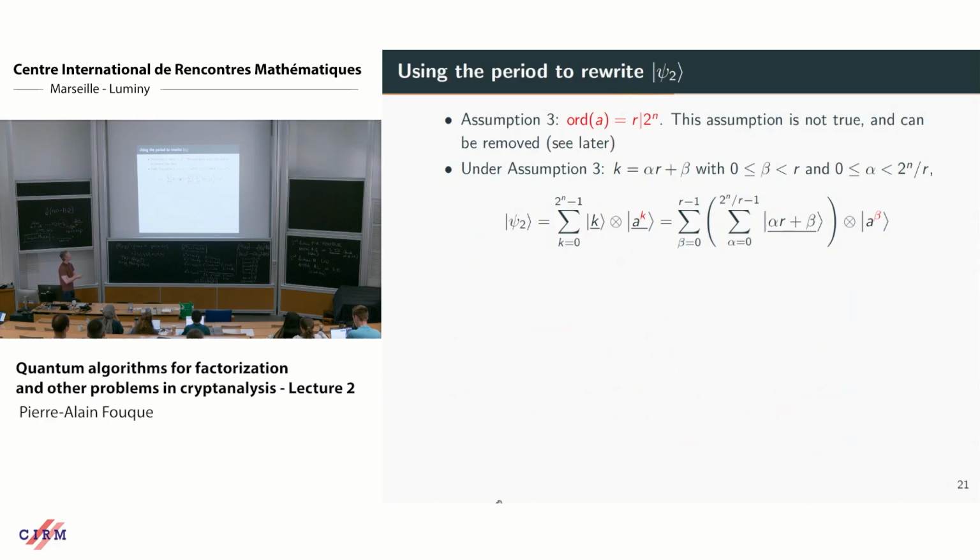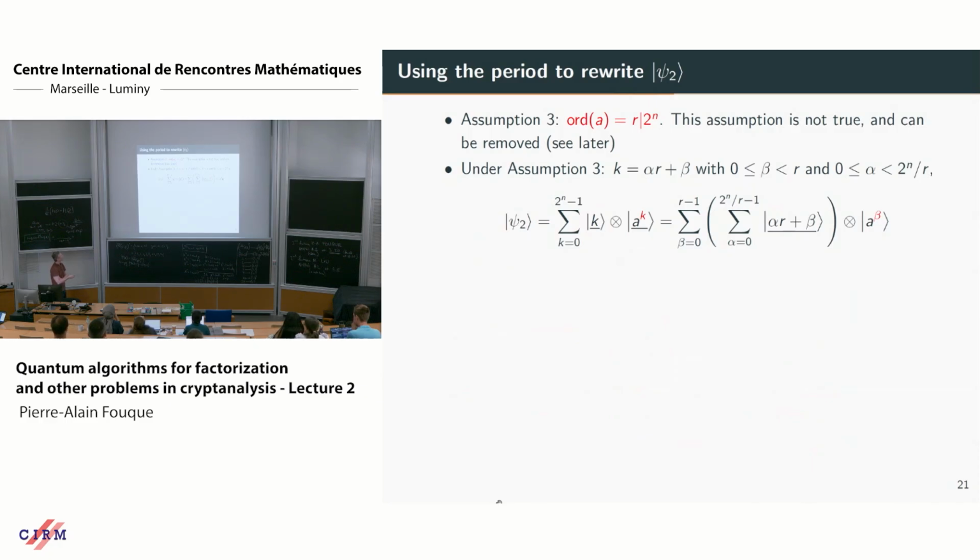Since R is the order of a, a to the R is equal to 1, and if I raise this to the power alpha, it will remain the same. So at this point, it is exactly the same as a to the beta mod n. This is the easy part.